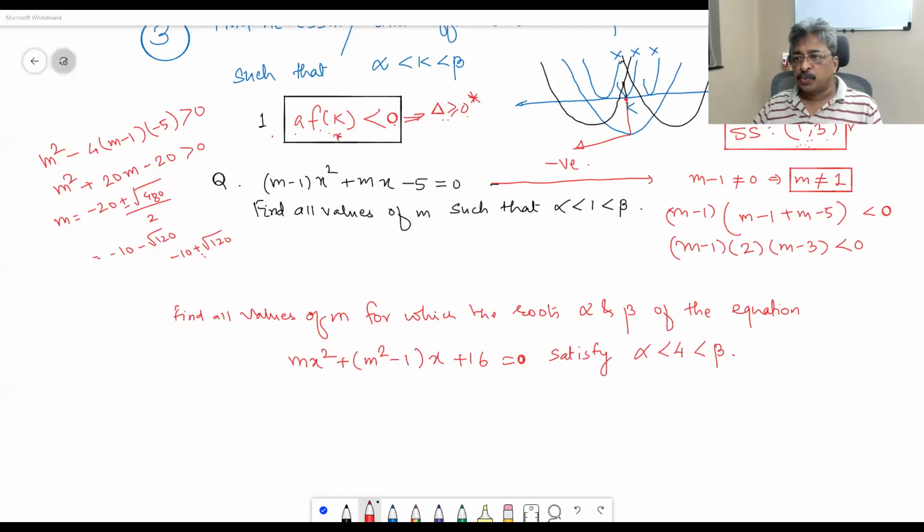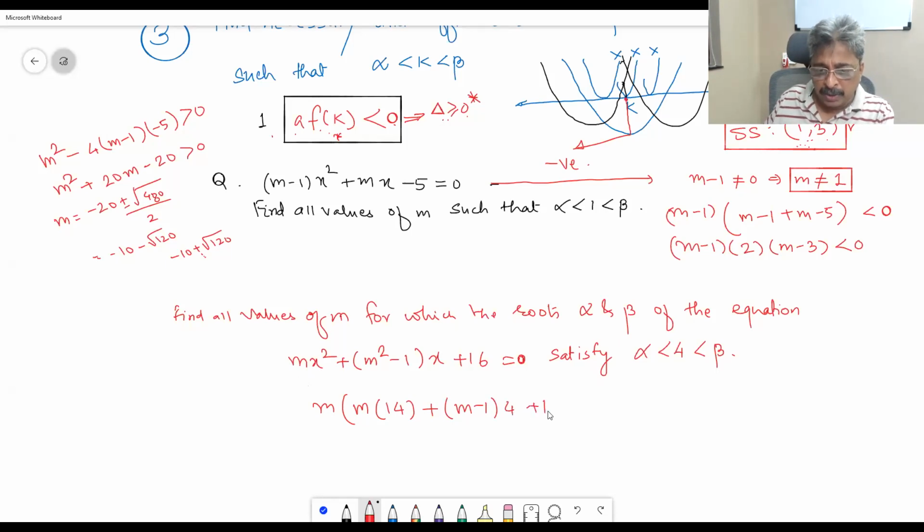Okay, so now k is 4 and a times f of k should be less than 0. So a is m. So m into (16 + (m² - 1) times 4 + 16) should be less than 0.